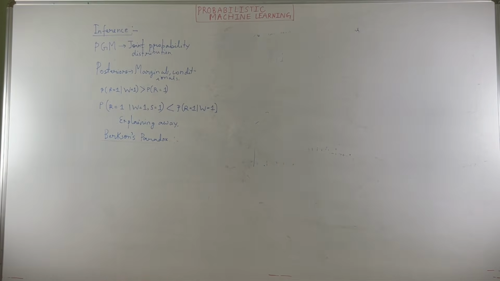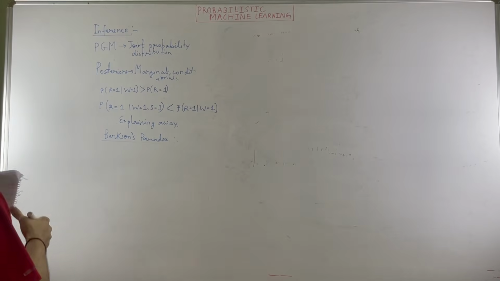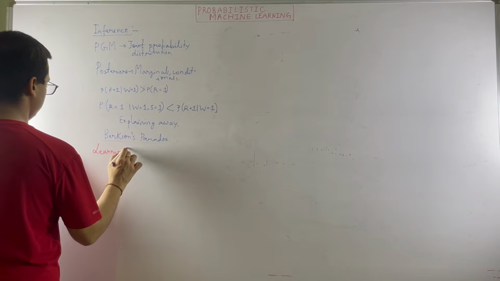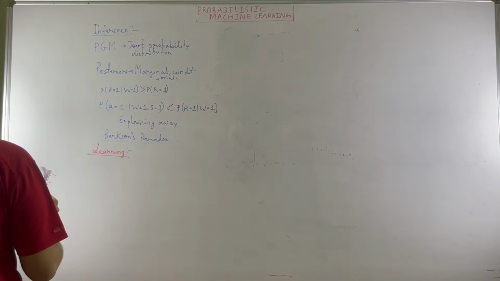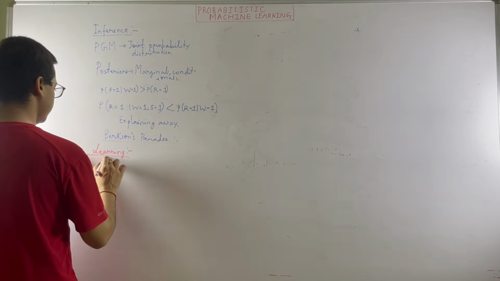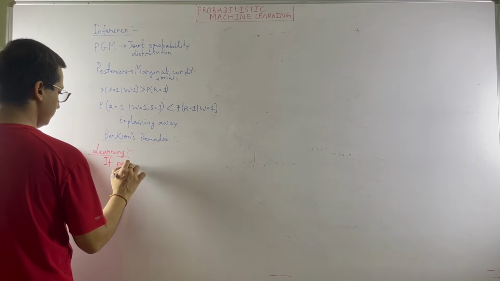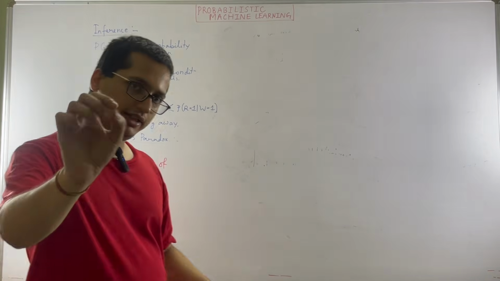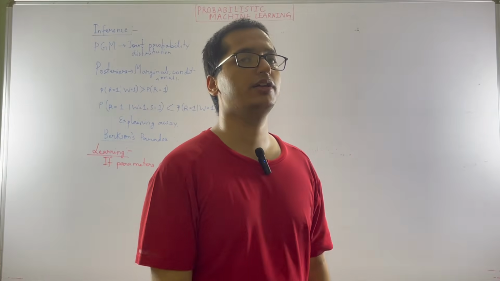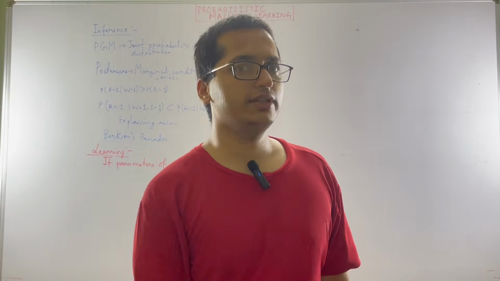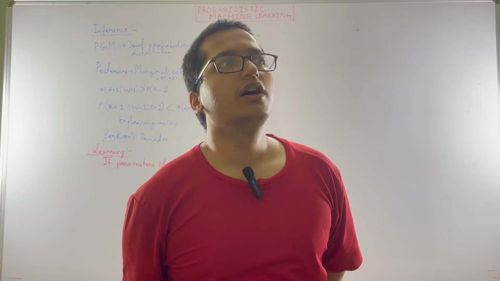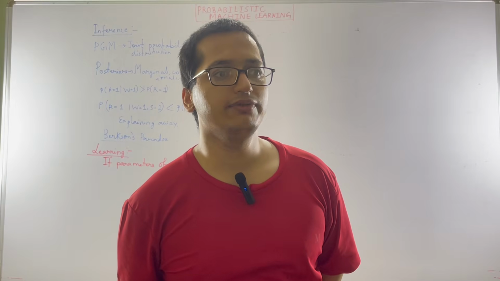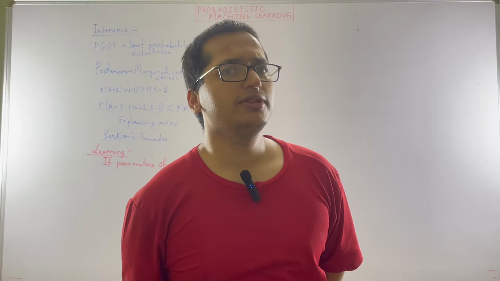Next part is learning. So each node in our probabilistic graphical model is represented by a categorical distribution, right? Now the nodes are, of course, random variables. But what about the parameters?